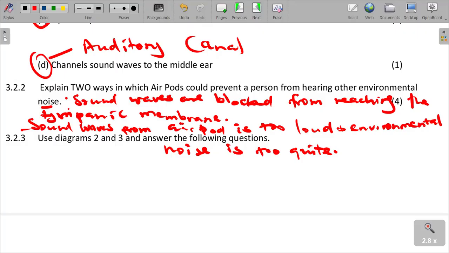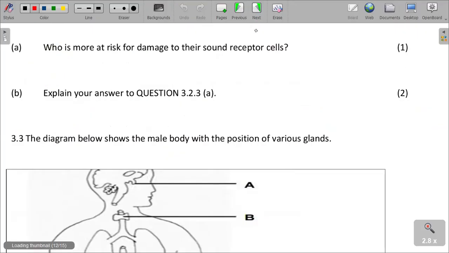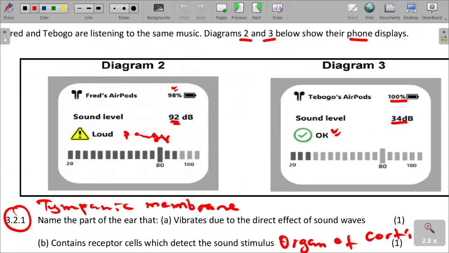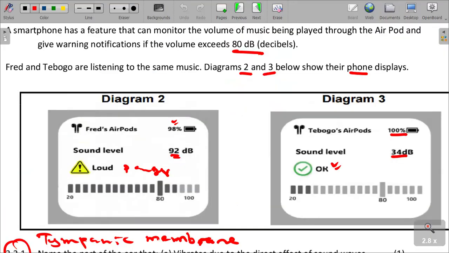And then use diagram 1 and 2 and answer the following questions. Who is at more risk for damage of their sound receptors? We are saying Freddy and Tebuho are listening to the same music. Diagram 1 and 2 below show their earpods.